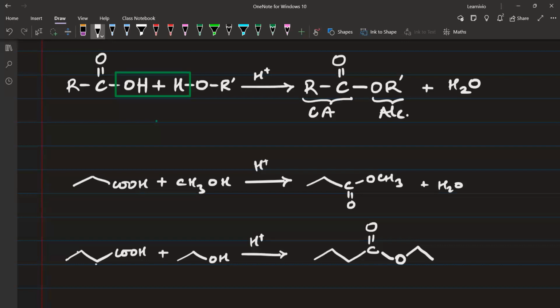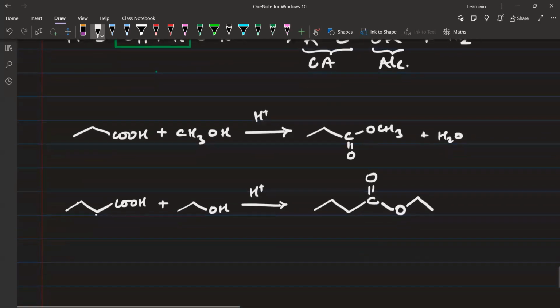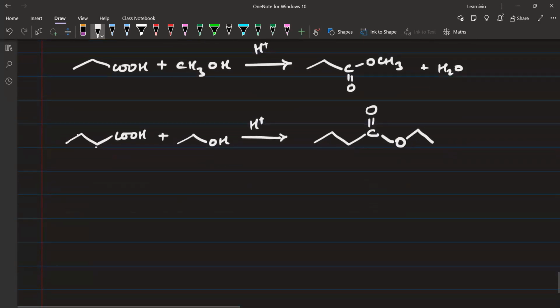This is very similar to what we have done previously. Oxygen atom always has a bond. Write a few remarks. By the way, if you want to name this ester, first of all you have to identify the OR, what is attached to the oxygen atom.